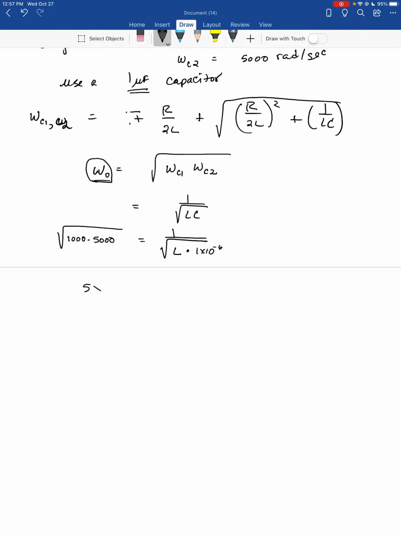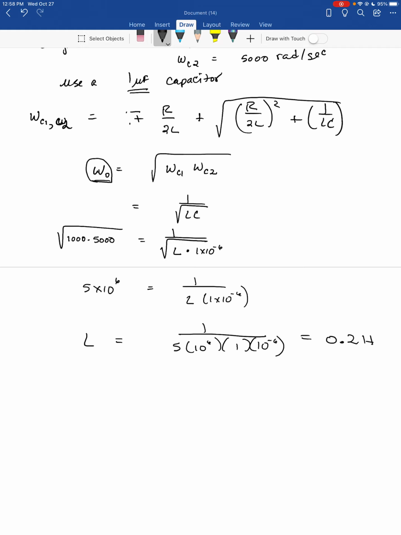The left-hand side is 5 times 10 to the 6th. The right-hand side is 1 over L times 1 times 10 to the minus 6. Multiplying both sides through by L and getting rid of the 5 times 10 to the 6th, we invert the equation. L should be equal to 1 over 5 times 10 to the 6th times 1 times 10 to the minus 6th, and that simplifies to 0.2 henries.